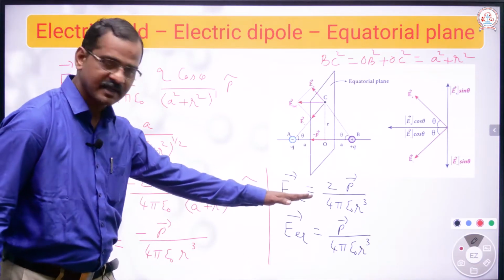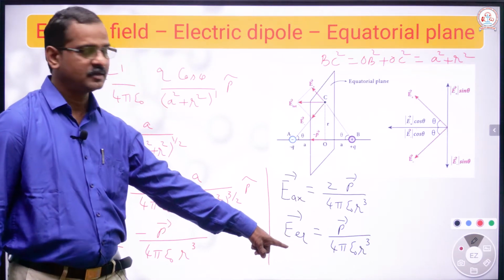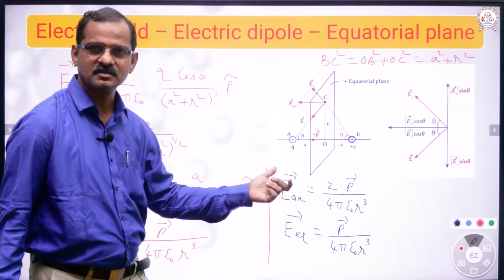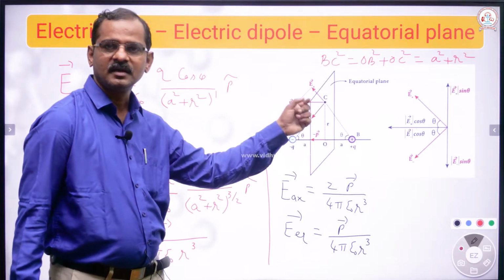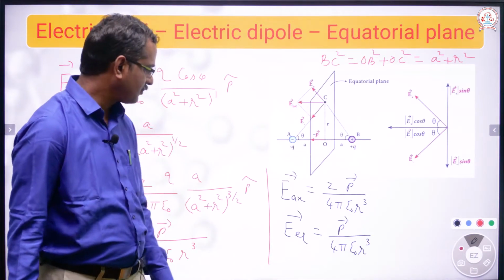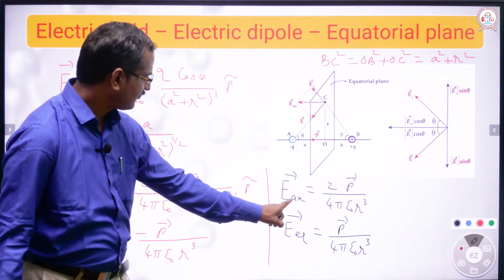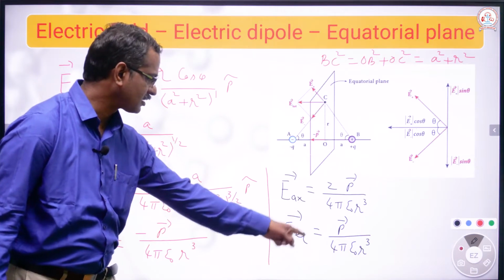The electric field along the axial line is 2 times the electric field along the equatorial line, if you are considering the point C at the same distance from the center of the electric dipole. That's what we are getting here.